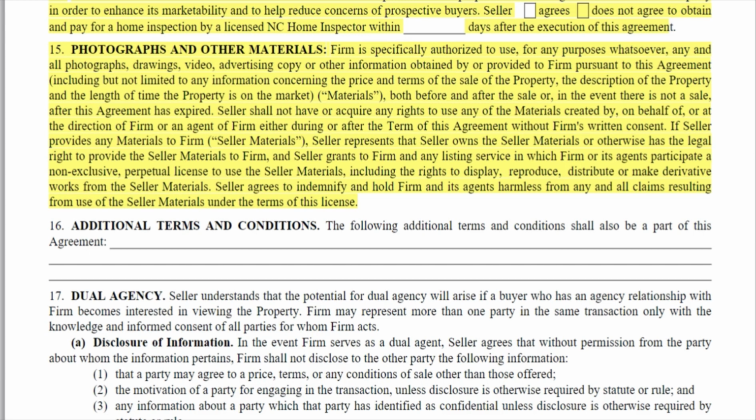The seller agrees to indemnify and hold the firm and its agents harmless from any and all claims resulting from the use of the seller's materials under the terms of this license.